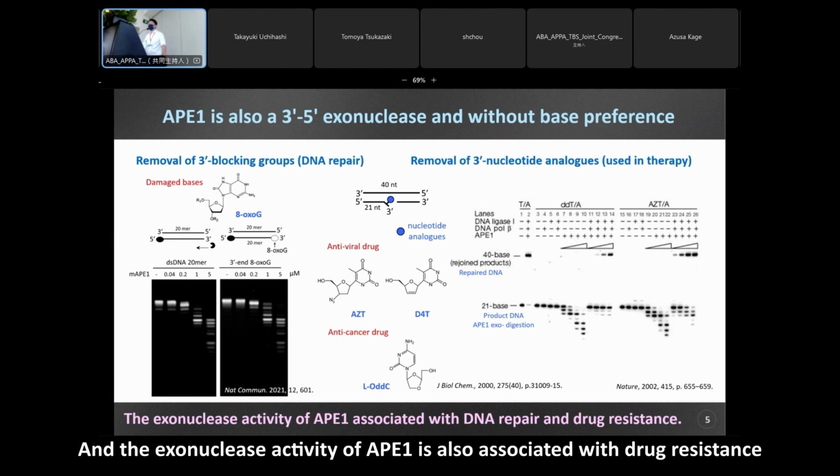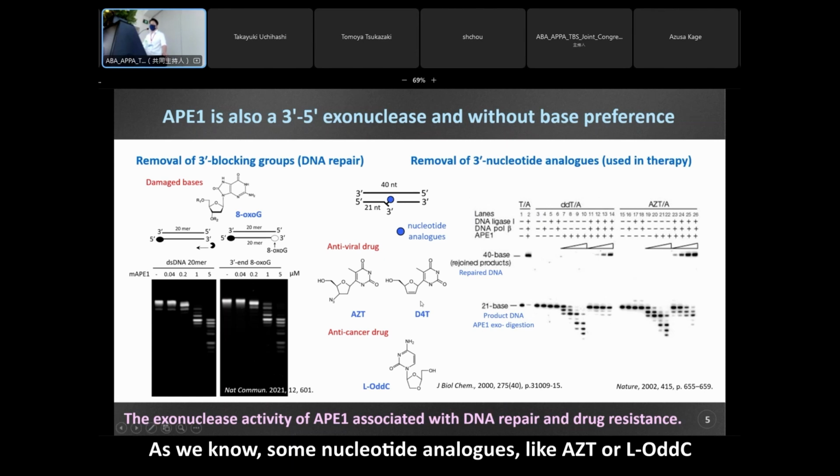And the exonuclease activity of APE1 is also associated with drug resistance. As we know, some nucleotide analogs like AZT or ddC can incorporate into the DNA to block the viral or cancer cell DNA synthesis to kill them.